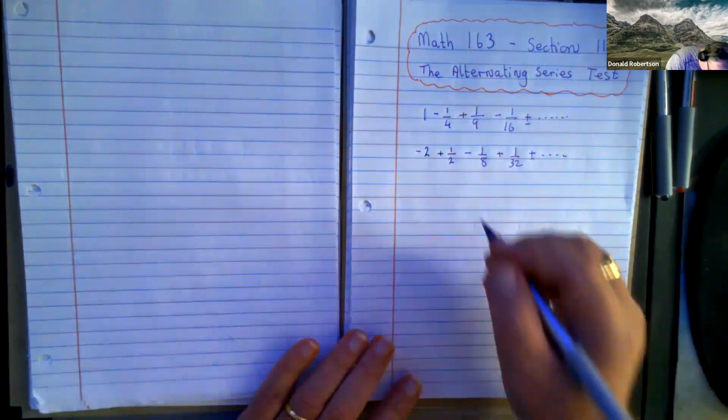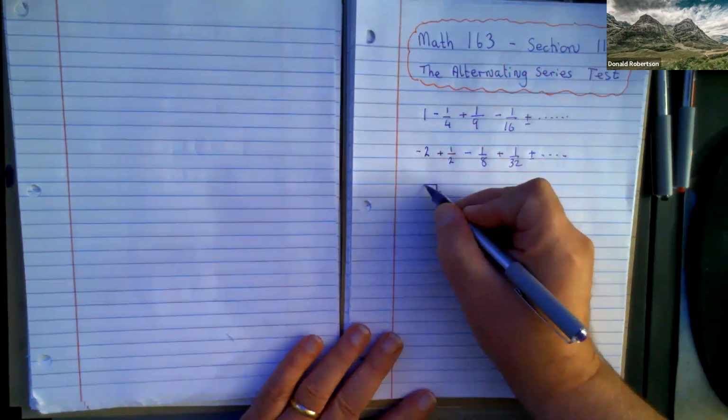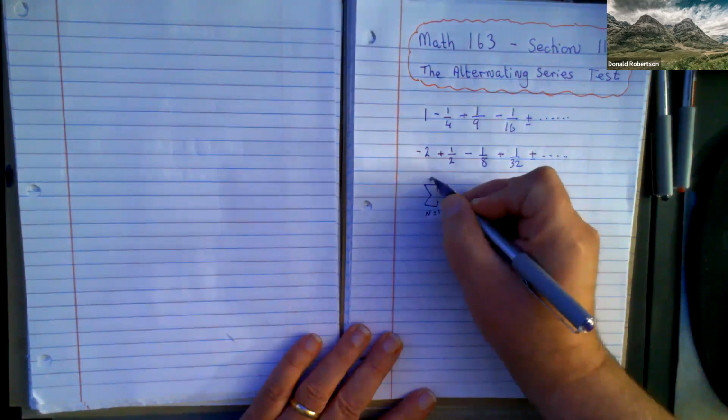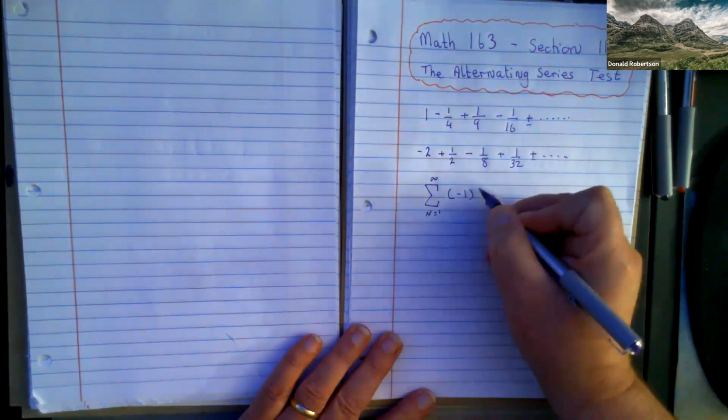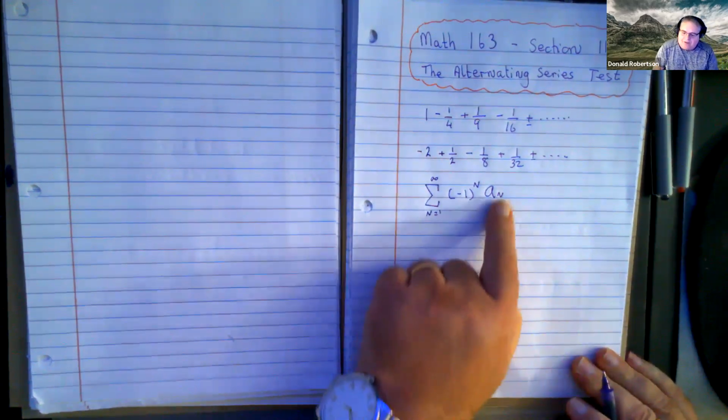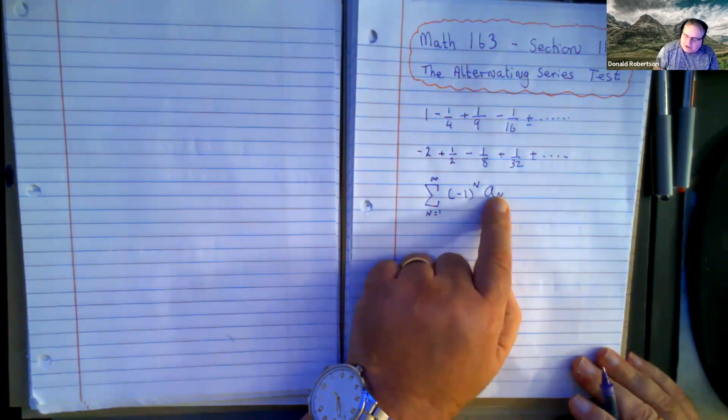Now, if you are looking for what an alternating series looks like in general, they tend to look like one of these two situations. There is going to be an expression. This expression here will probably be a fraction like 1 over n squared, n plus 1 over n cubed minus 1, that kind of look.